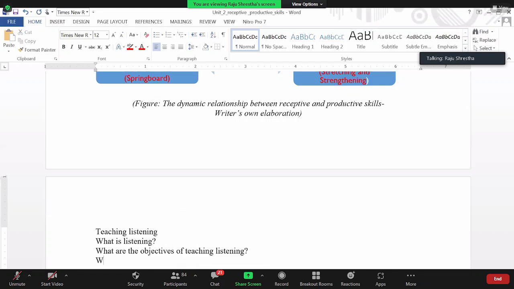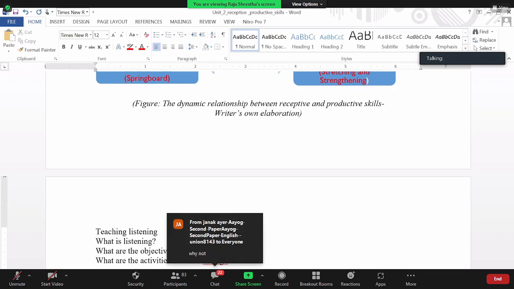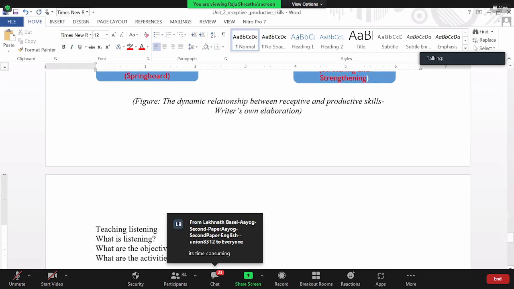Then we discuss what are the activities to teach listening. To teach listening, this very briefly we discuss this.